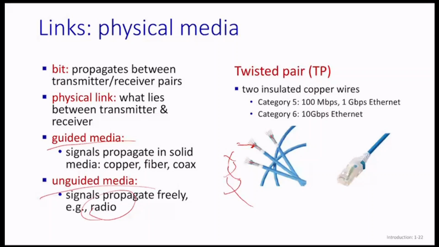Earlier versions of twisted pair were just for the telephone network, and currently we also use twisted pair (TP) for Ethernet, like Category 5, based on the material of each of these wires. Category 6 also supports 10 Gbps Ethernet speed. This is cheap and easy to install, so we use twisted pair.